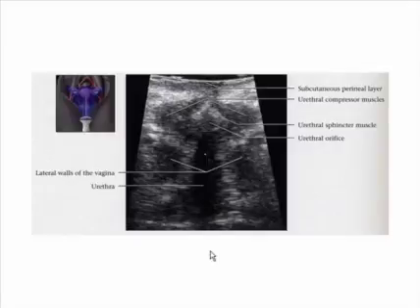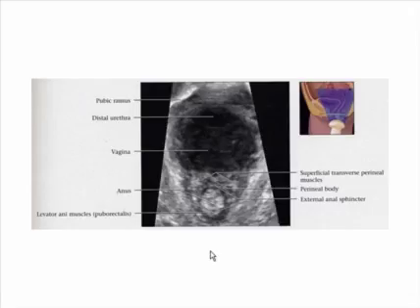And this is just another image obtained a little bit further up, showing the urethral orifice and some of the anatomy. Now, here's an image where we are in the axial plane, and we see the urethra, vagina, and anus, and we can depict the levator ani muscles as well.